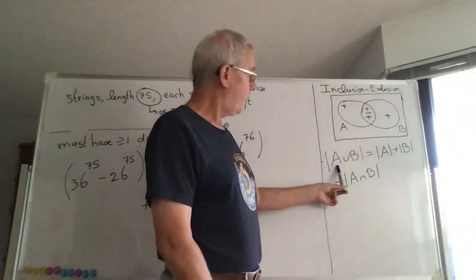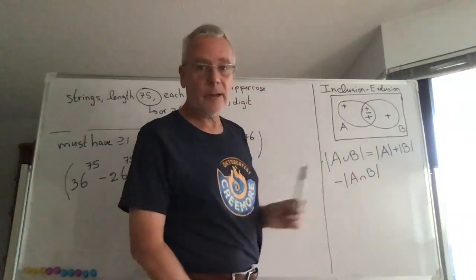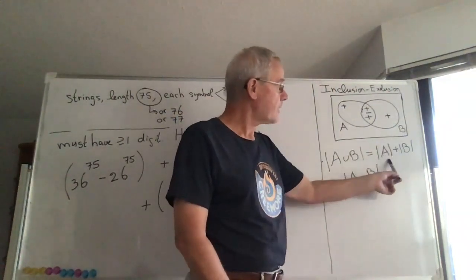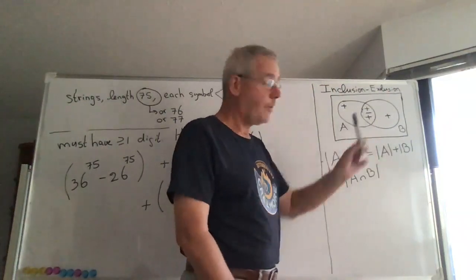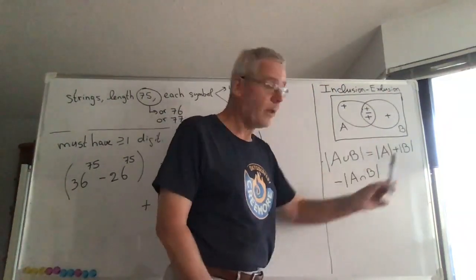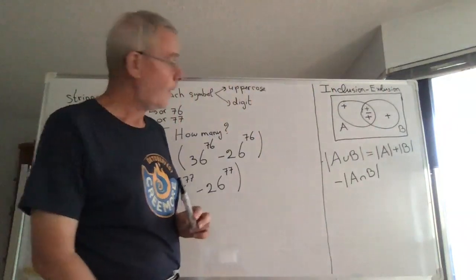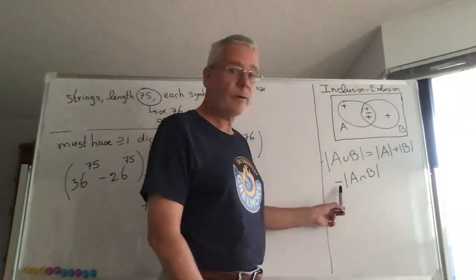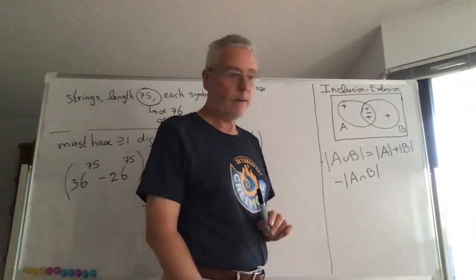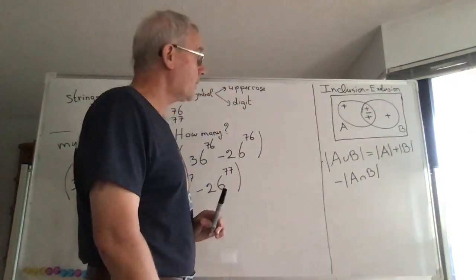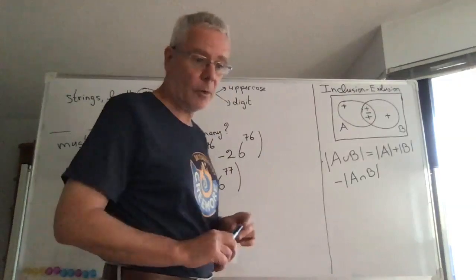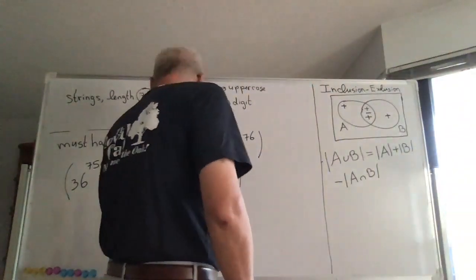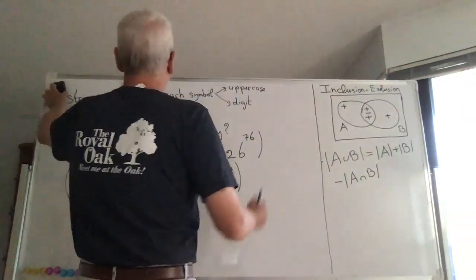It says, well, we want to determine the size of the union. So first we include the two sets, but from the picture, by doing this, we overcount. So we include the sets and then we exclude the intersection. So this is called inclusion-exclusion. It's a very simple rule, but it's very useful. Okay, so let's do a quick example.